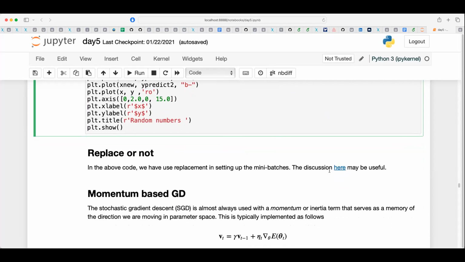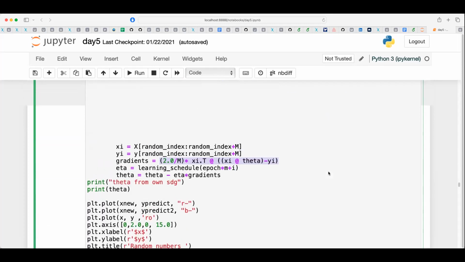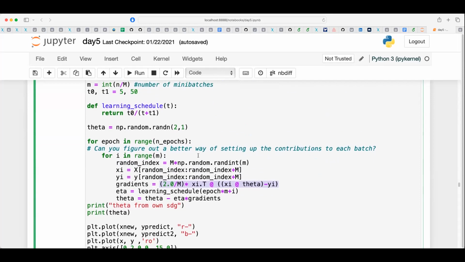And if you follow this link here, there's actually quite a discussion on whether you should do that or not. And then when you make these runs, you would run over a number of epochs. So that becomes another parameter. So your stochastic gradient descent will depend on the number of batches you specify, and also the number of times you just repeat these calculations.